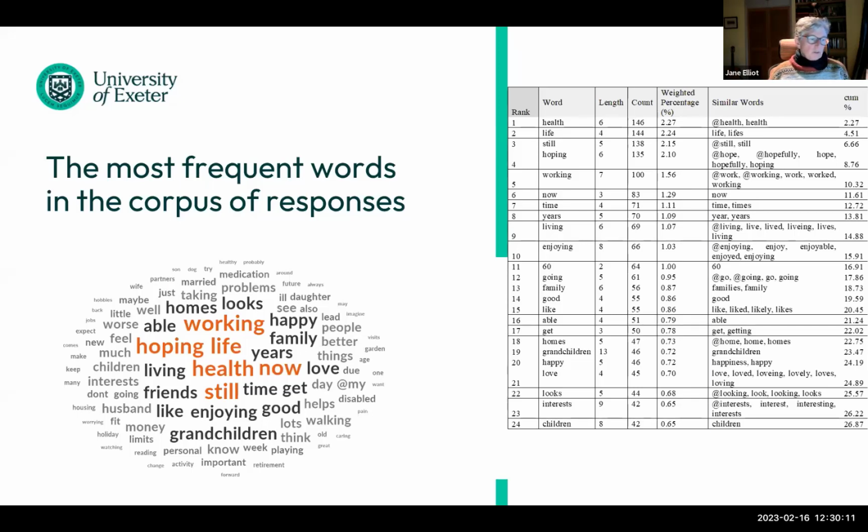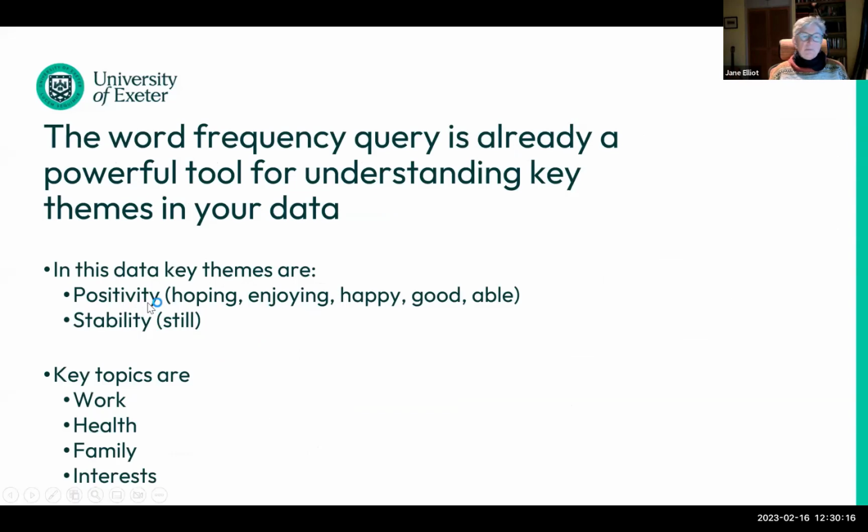So I would argue that this word frequency query is already a very powerful tool for understanding some of the key themes in your data. In this data, we could see that some of the key themes seem to be positivity, with words appearing very frequently like hoping, enjoying, happy, good, and able.